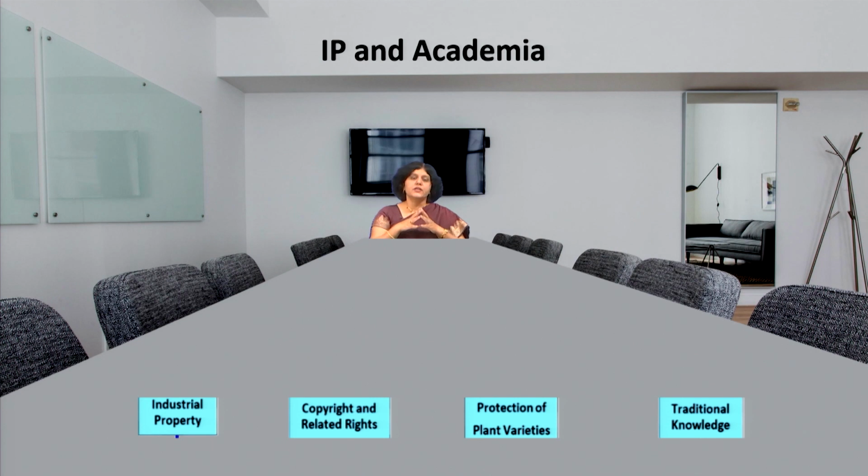Whatever that creation is, it is completely protected through this particular act. When we go into one of the modules, we will see the difference in jurisdiction. I can give the idea here: protection of plant varieties and farmers' right is a separate act.